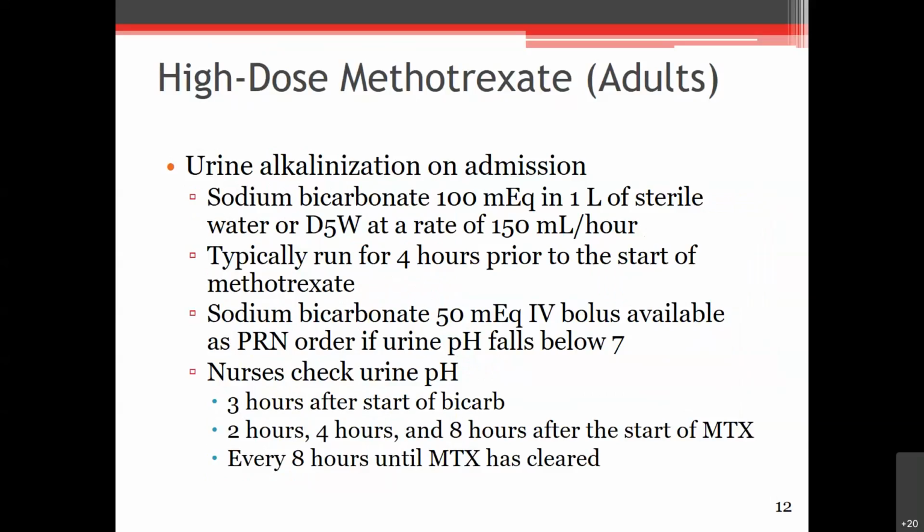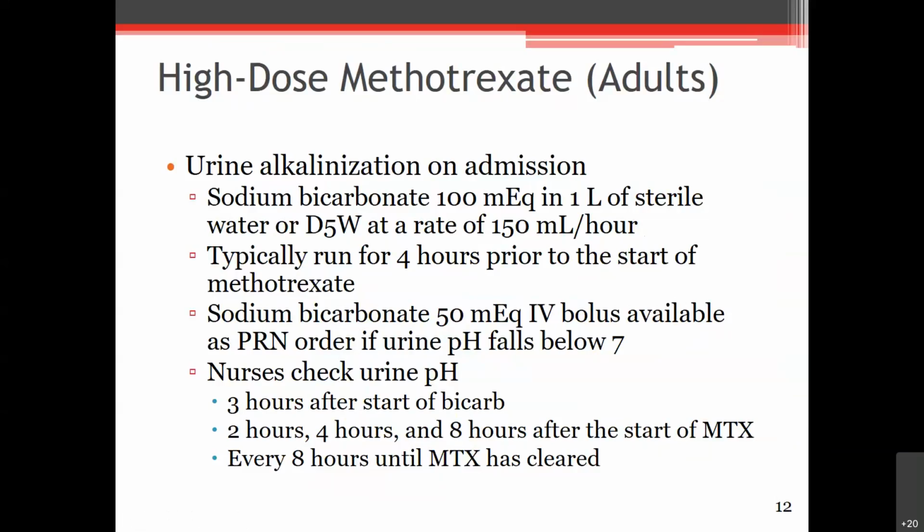When patients do get admitted to the hospital for their high-dose methotrexate, you'll see that our treatment plans include a sodium bicarb infusion, and that is going to start out at 150 mils per hour in all of our patients. It's going to be in a base of either sterile water or D5, and that largely just changes if there's a fluid shortage of one or the other. We typically run the bicarb for 4 hours prior to starting the methotrexate.